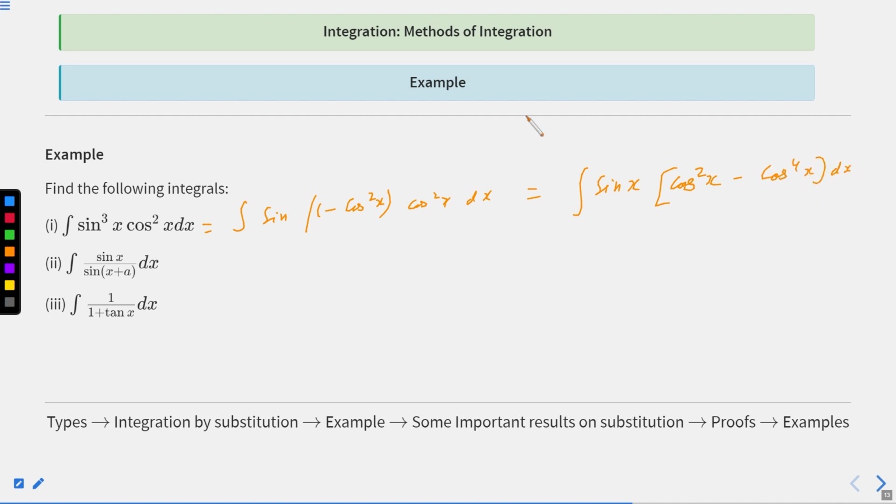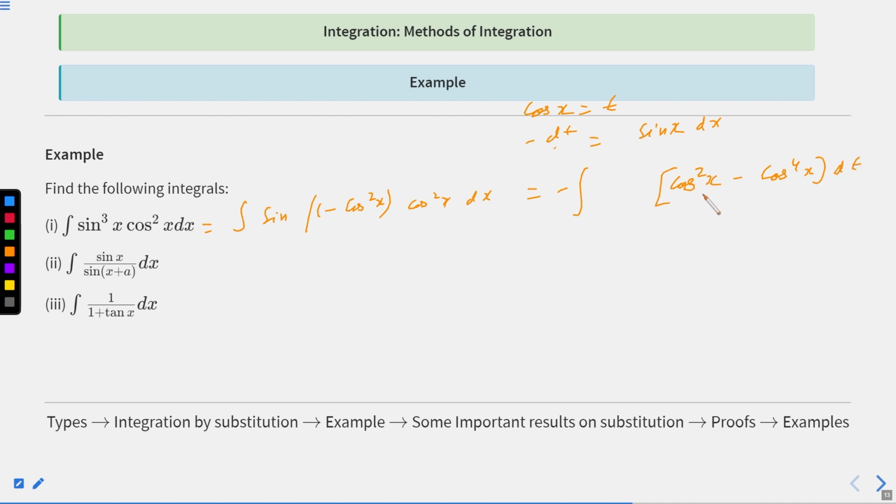Now take cos x as t. Cos x is equal to t, this means dt by dx is equal to minus sine x. This means minus dt can be replaced by sine x dx. You are having sine x dx, so this can be replaced by just minus dt.